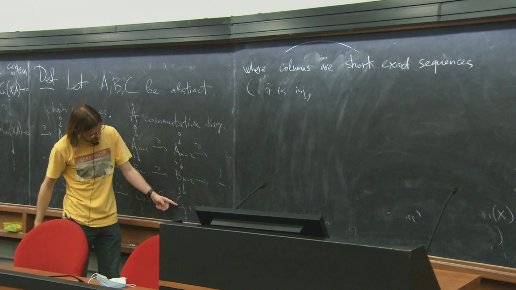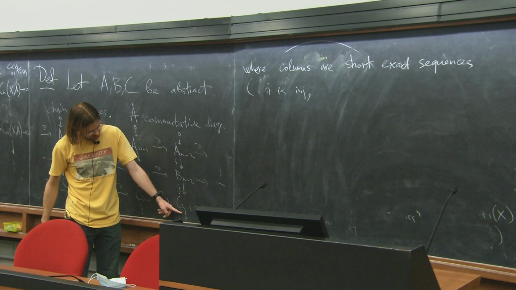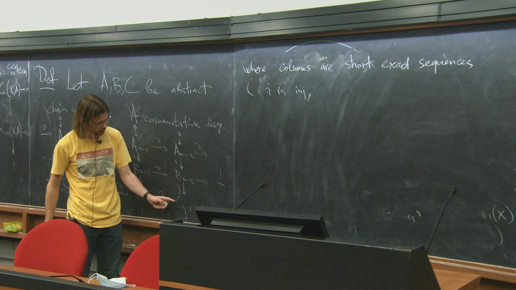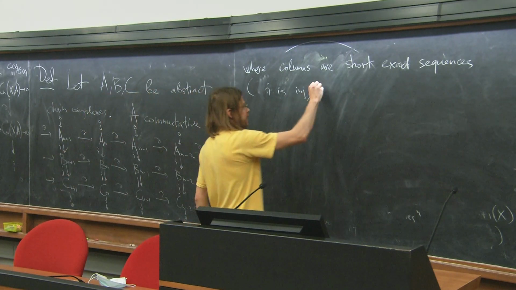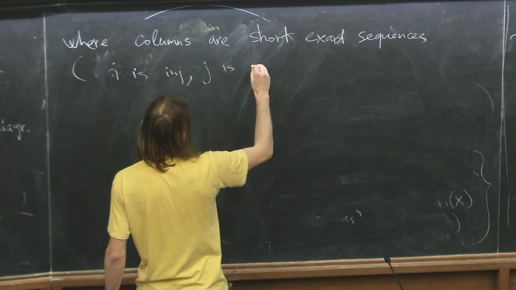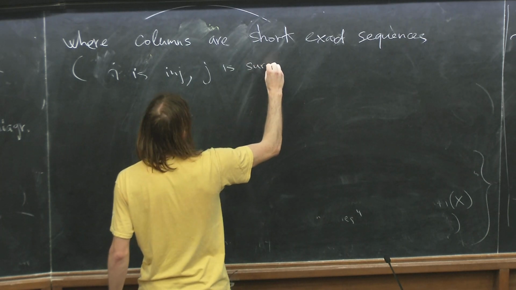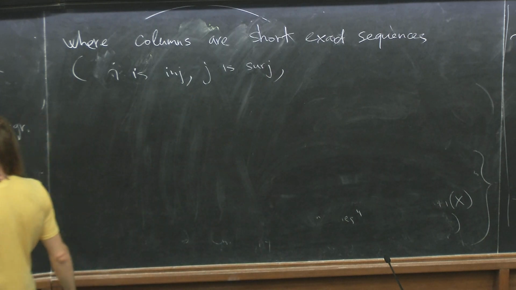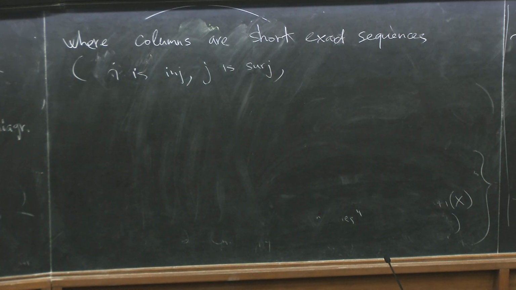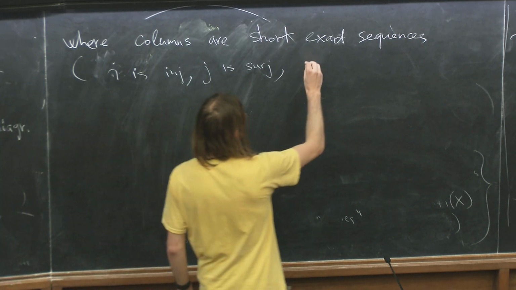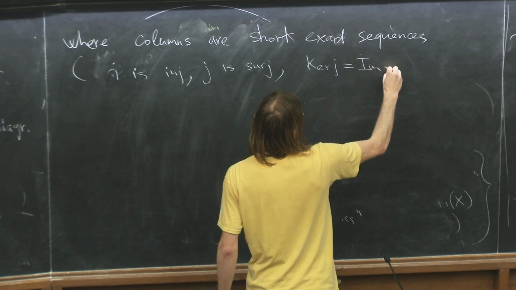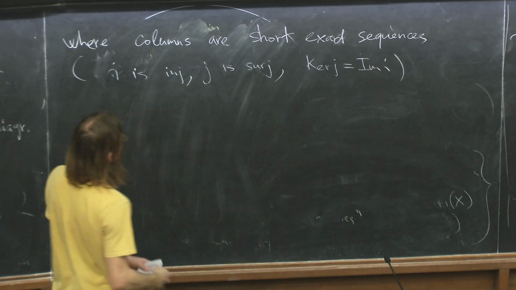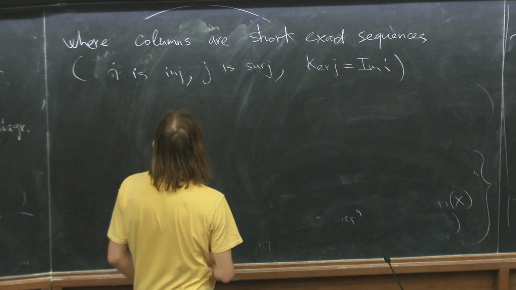Similarly, what does exactness mean at this point? The kernel of this map, which is the whole space and the trivial map, should be the same as the image of J, equivalent to saying that J is surjective. And finally, at this place, we just have the statement that the kernel of J is the image of I. So this is just spelling out what it means that these columns are short exact.